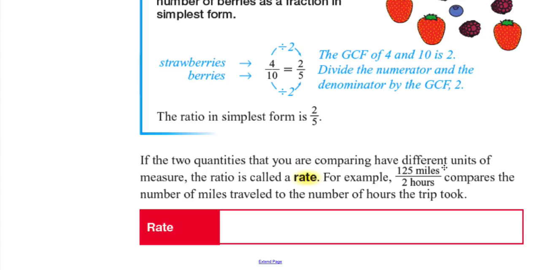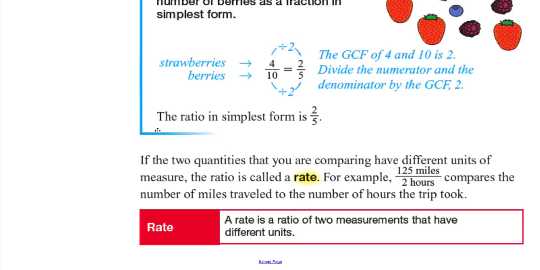For example, 125 miles over 2 hours compares the number of miles traveled to the number of hours the trip took. So basically the rate of the trip was 125 miles in 2 hours. They traveled 125 miles in the time of 2 hours. The definition of rate is a ratio of two measurements that have different units.